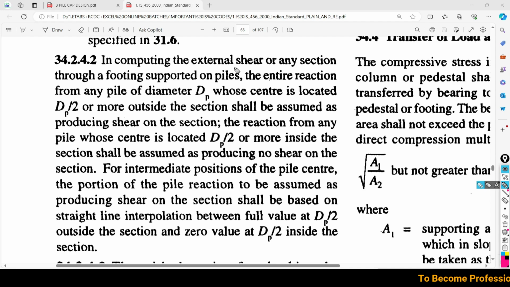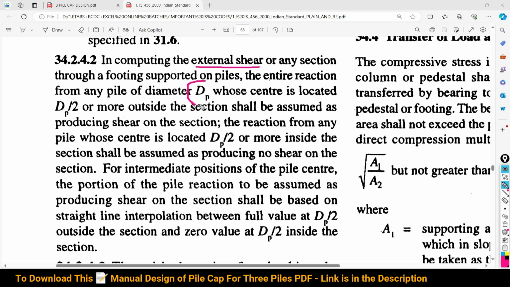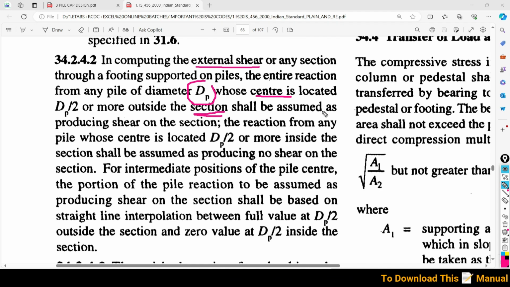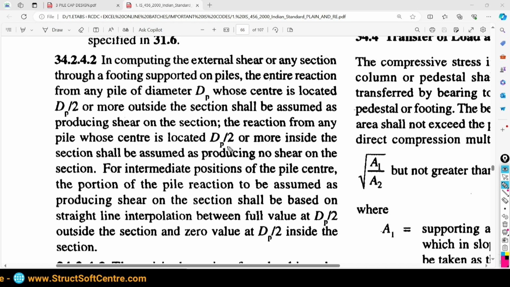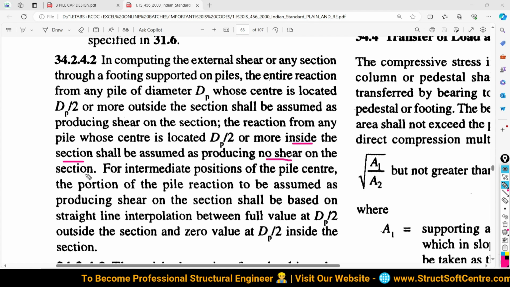It says that in computing the external shear, while calculating the shear force value, on any section through a footing supported on piles, the entire reaction from any pile of diameter dp whose center is located dp/2 or more outside the considered critical section shall be assumed as producing shear on the section, and the reaction from any pile whose center is located dp/2 or more inside the critical section shall be assumed as producing no shear on the section.